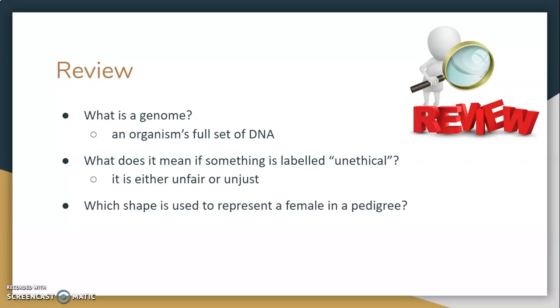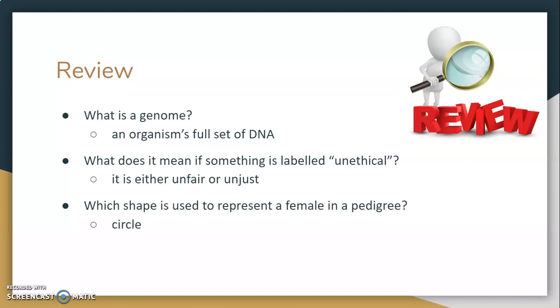When you're looking at a pedigree, this might be helpful as you're working through your workbook, which is also due on Tuesday. At the bottom of 154, are you going to choose a circle, a square, what, when representing a girl? Females are represented in a pedigree with a circle shape. Males with a box, a square, basically.